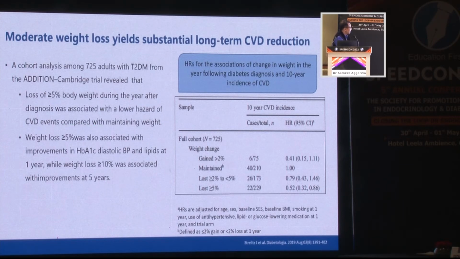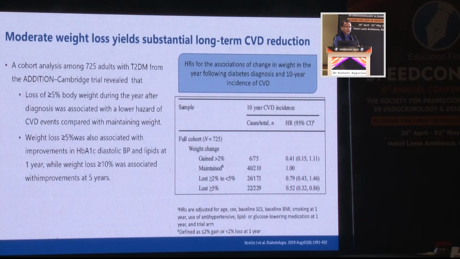You can see these values of hazard ratio, so those who lost more than or equal to 5% had a significant decrease in the 10-year CVD. So that implies that it's very imperative to hit at the weight part in management of type 2 diabetes.